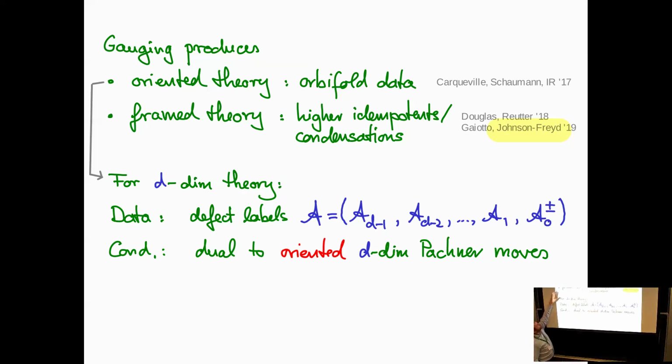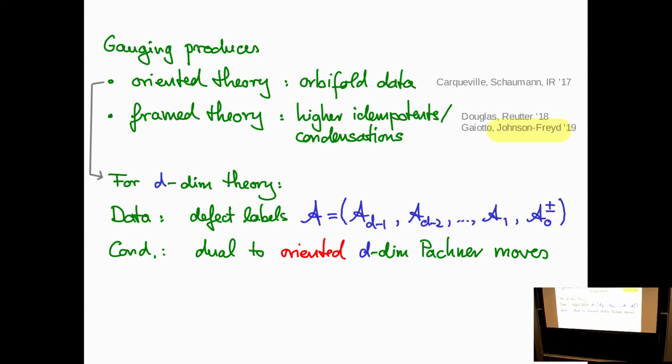If I want to do this in d dimensions, I have to fix a set of labels for the strata of dimension d-1, d-2, and so on. For the 0-dimensional one, you need to pick 2 because of some orientation choices you need to make. Then you check that this data is invariant under Pachner moves and under the choices of orientations you have to make. Technically, we work with dual stratification.